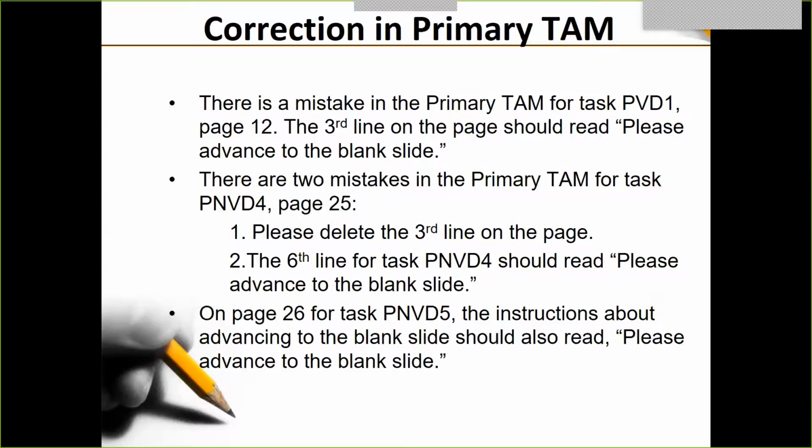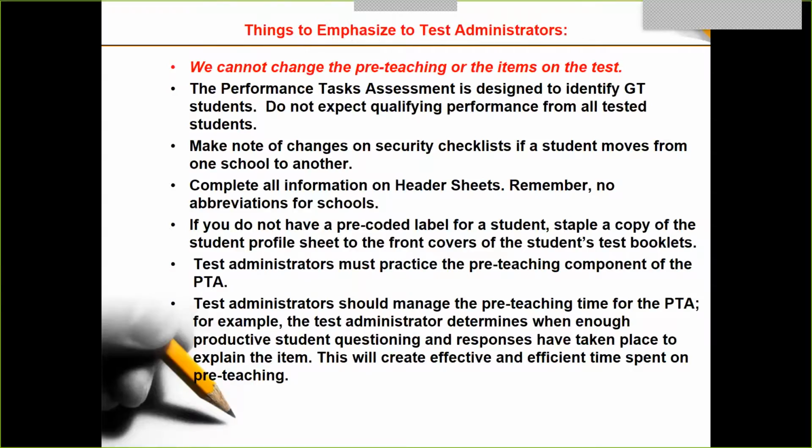There is a mistake in the primary TAM for PVD1, page 12. The third line on the page should read, "Please advance to the blank slide." Anyway, y'all can read this. This is just some instructions about some corrections that they needed to make. We cannot change the pre-teaching or the items on the test.